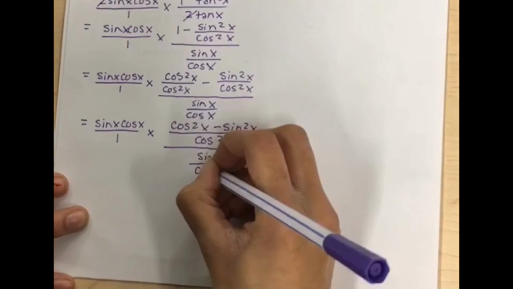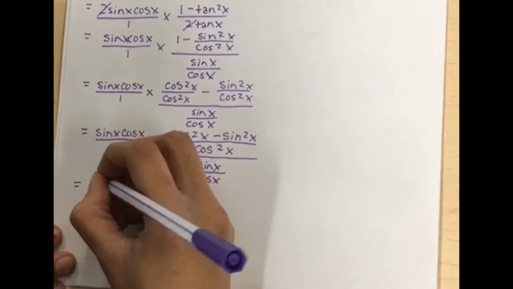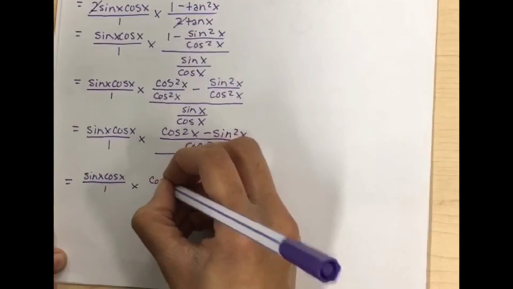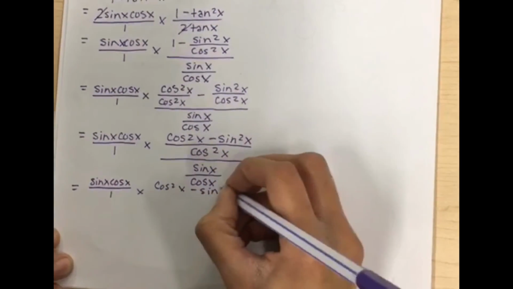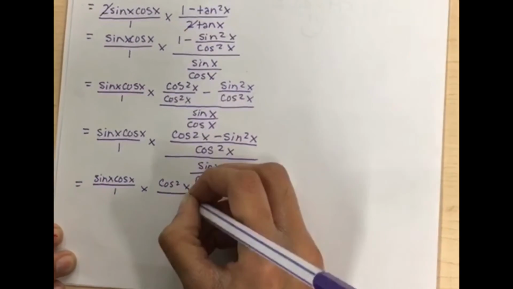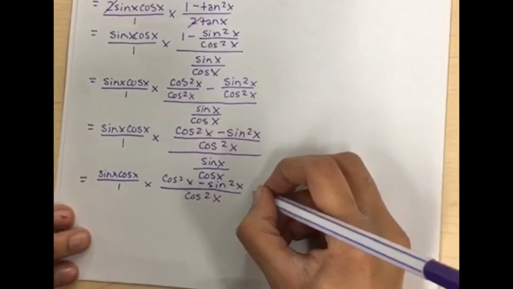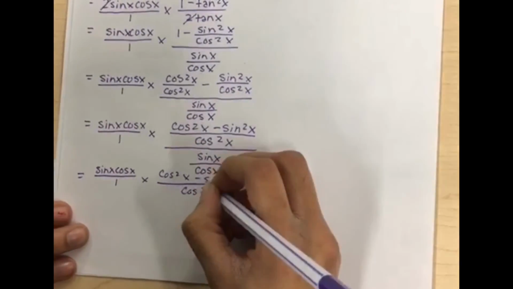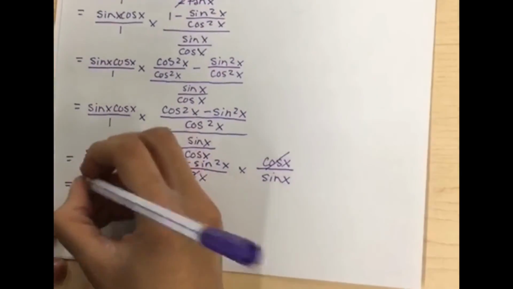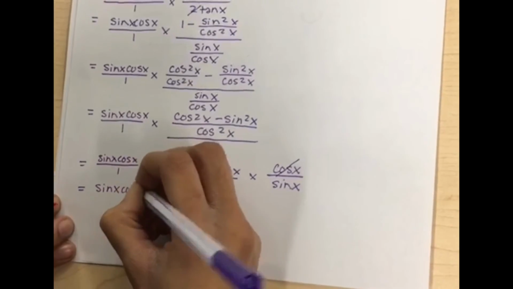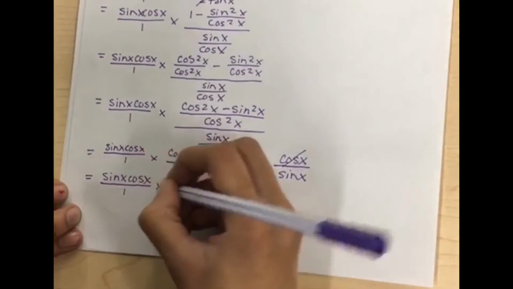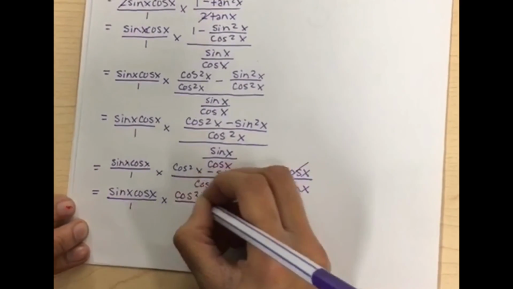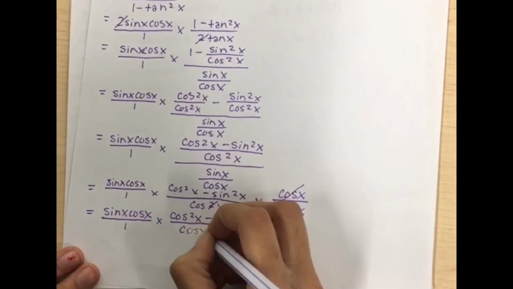We will now simplify this fraction further so that we can cross out the cos x. This leaves us with sine x cos x multiplied by cos squared x minus sine squared x over cos x sine x.